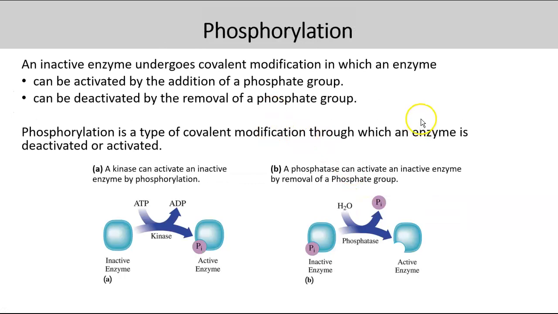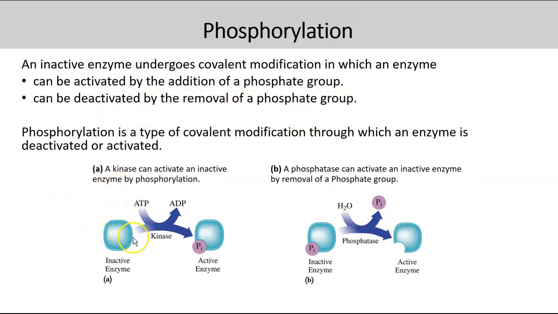Phosphorylation is another type of covalent modification. In this process, an addition of a phosphate group or a removal of a phosphate group can occur on an enzyme. So an inactive enzyme undergoes covalent modification in which an enzyme can be activated by the addition of a phosphate group, or an active enzyme can be deactivated by removal of a phosphate group.